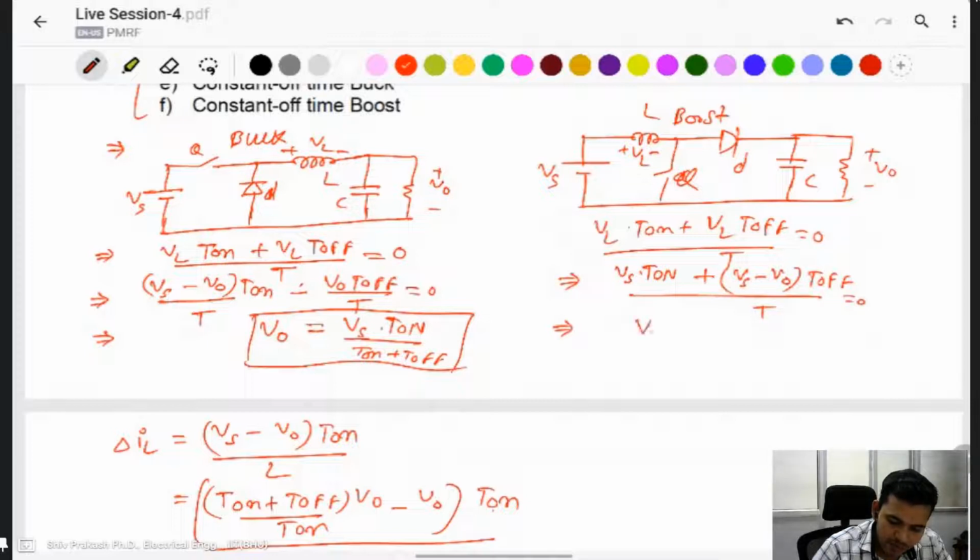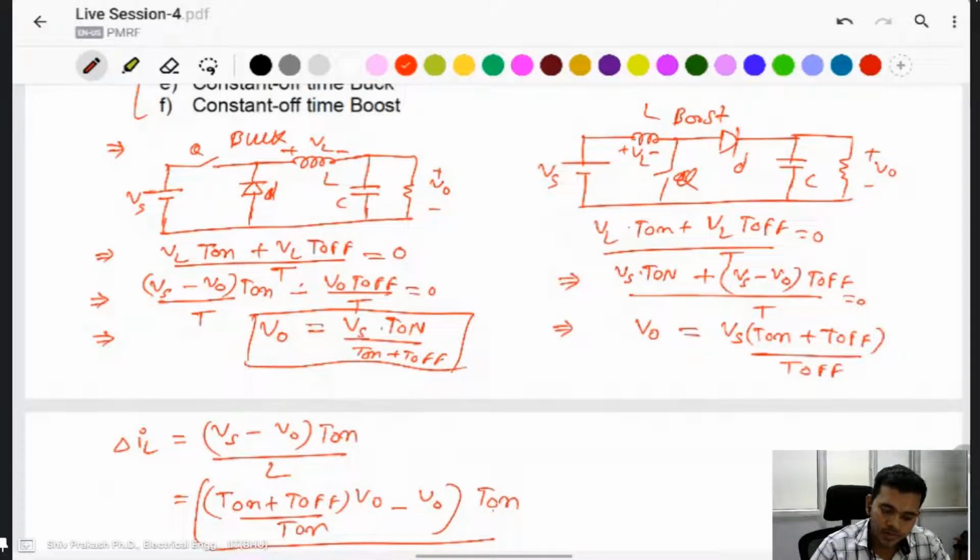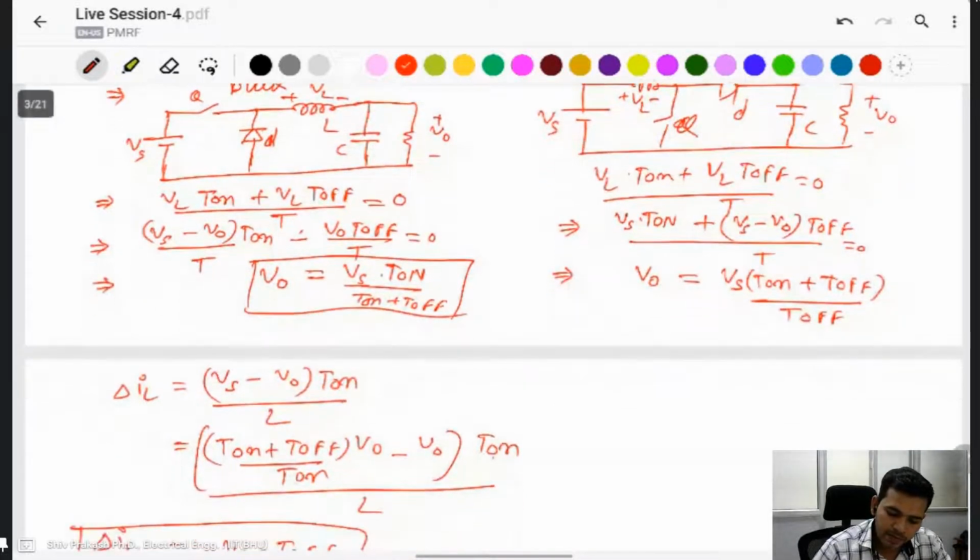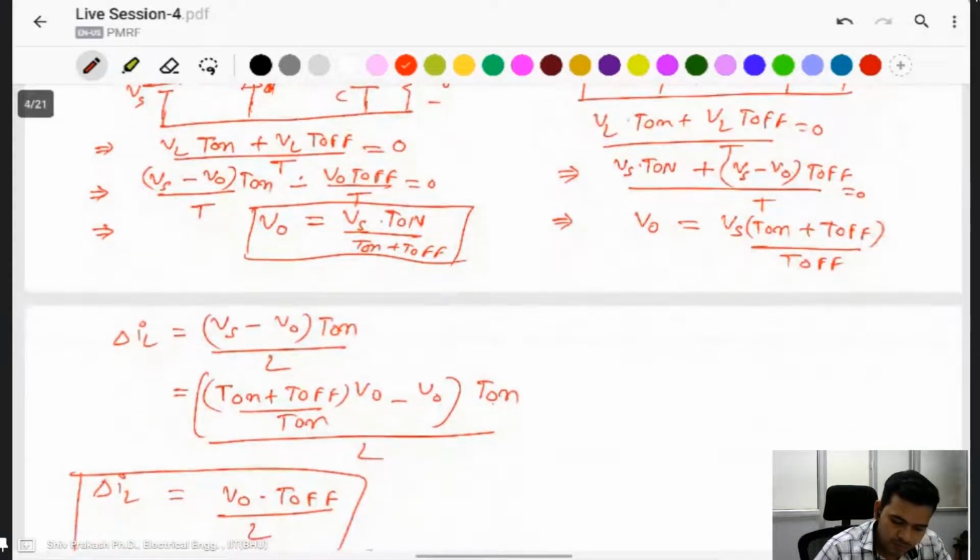Here, to find V output, V output is Vs into T on plus T off divided by T off. And you find delta IL in here.